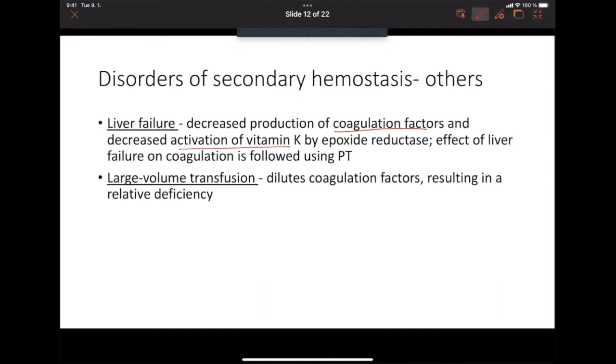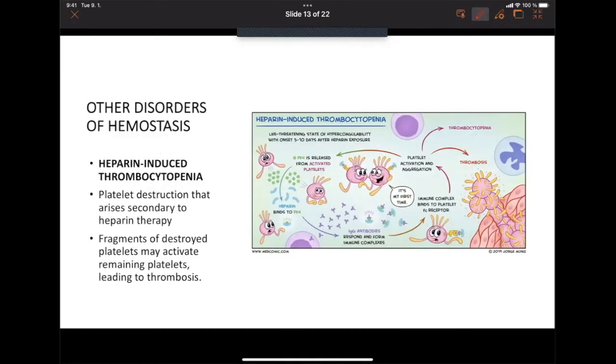And then if you have large volume transfusion, it dilutes the coagulation factors and you have relative deficiency. For example, after a massive car accident and you just need so much blood, then this could occur.